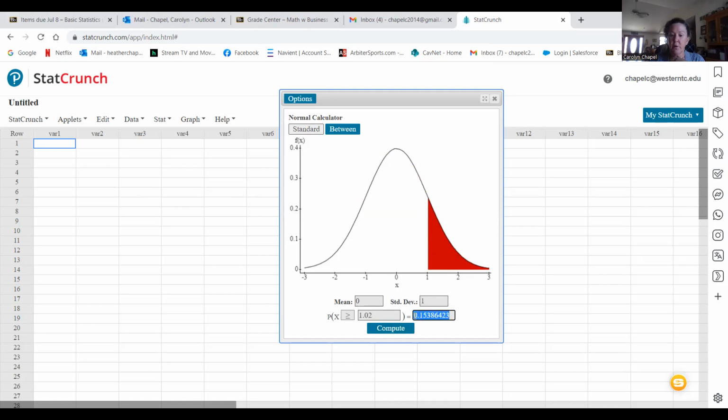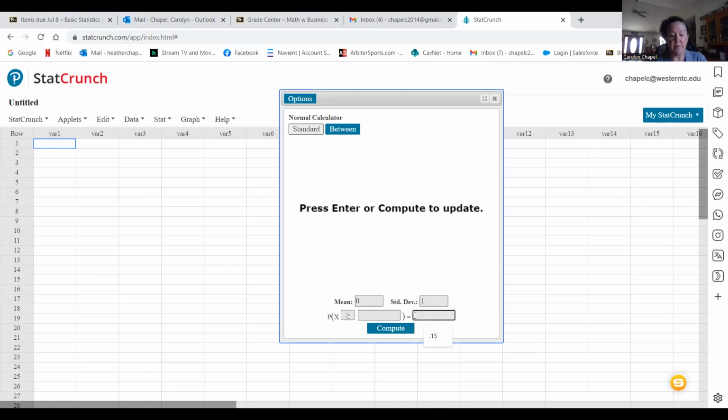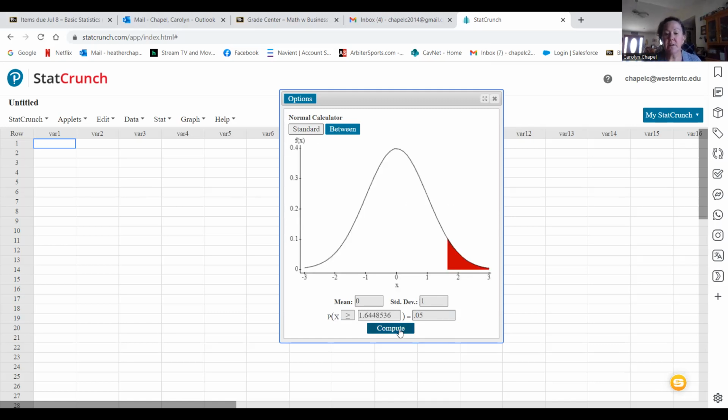So for that first one, we did 0.05, and we want x to be larger than something, to be 0.05. We got it to be 1.645 because it was right between those two values. So I'm going to compute, and you notice there's my 1.6448, which if we went to 3 decimals, is 1.645.